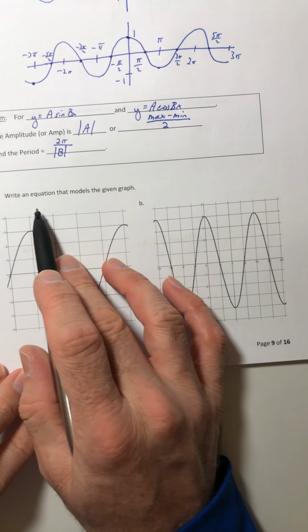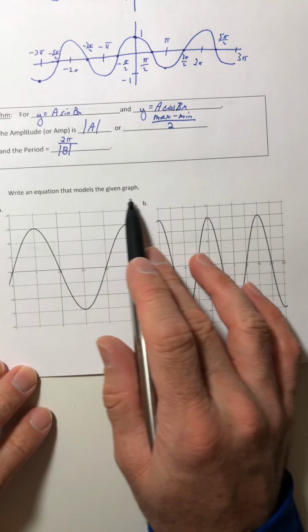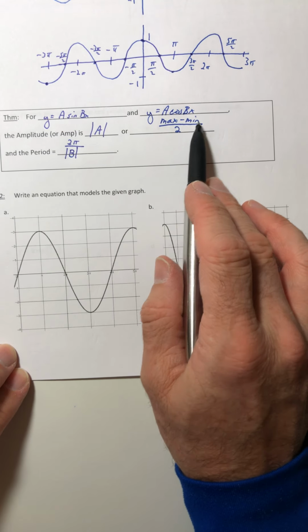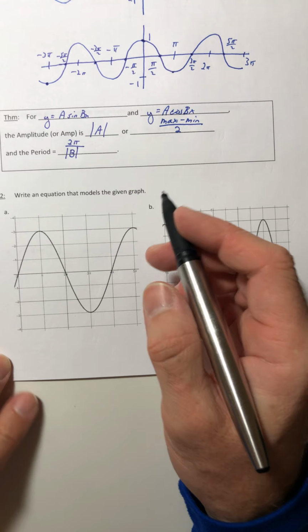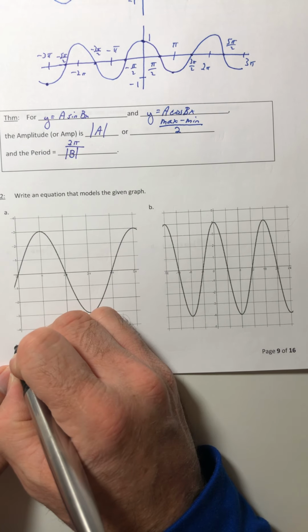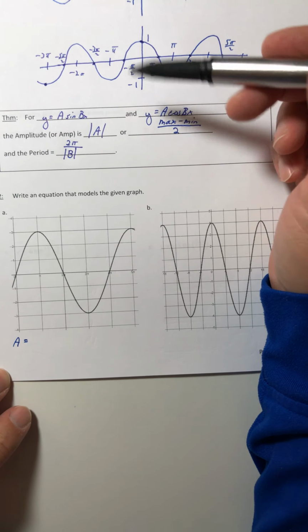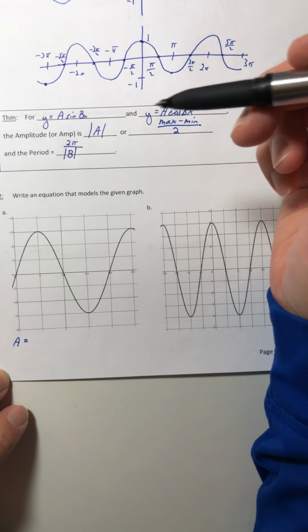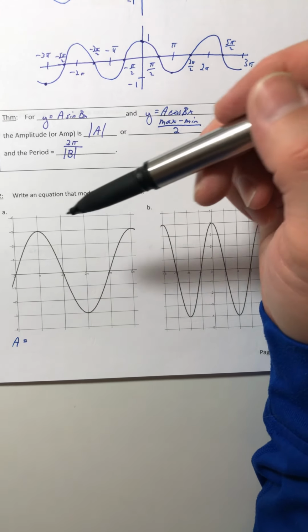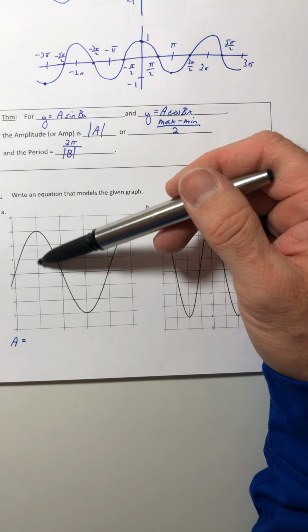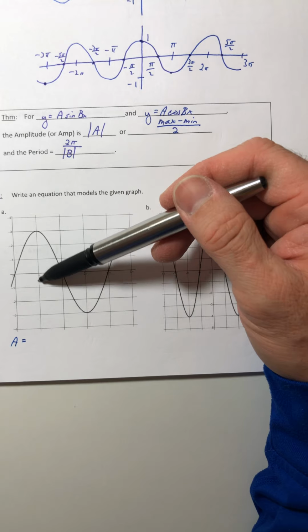All right, example 2, write an equation that models the given graph. So this is where we're going to need that max minus the min over 2 to figure out the amplitude. So let's talk about what an amplitude actually is. The amplitude is the distance from the center of the curve to the top of the curve, or the distance from the center to the bottom.